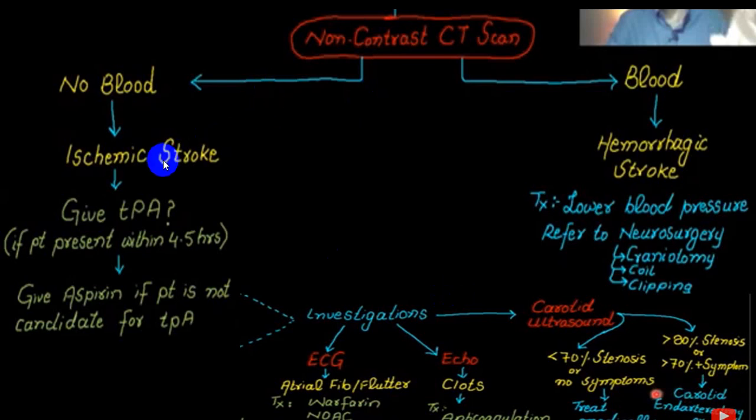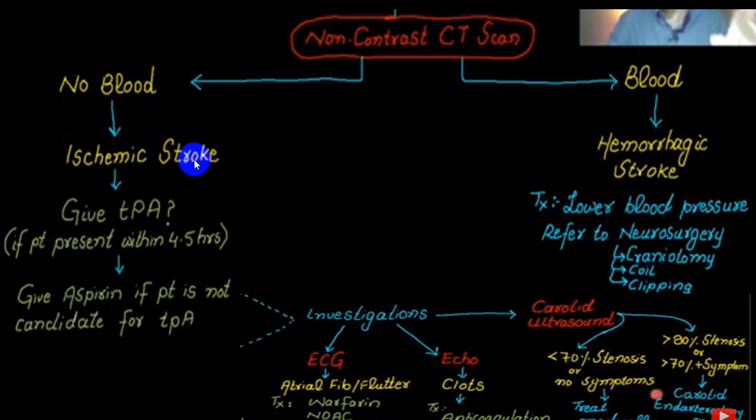If a person has got ischemic stroke, TPA is the answer. And for secondary prevention, aspirin, statins, you might go for the dual platelet therapy, etc. Or sometimes you might require even anticoagulation. While in case of a hemorrhagic stroke, lowering blood pressure, refer to neurosurgery for craniotomy or coil or clipping.